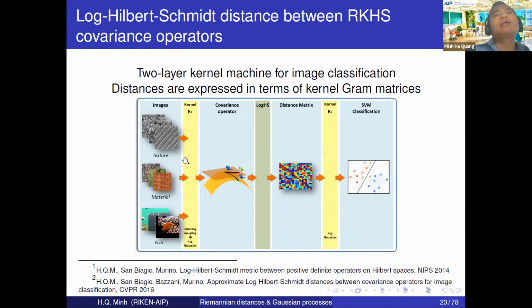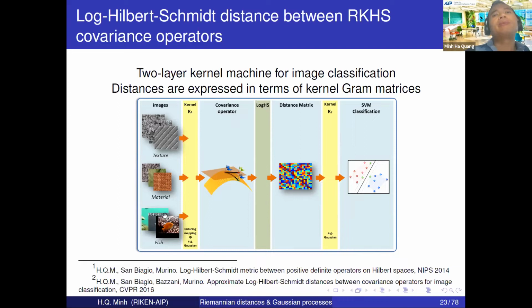Since K1 induces a feature map, we can define a covariance operator using K1. This covariance operator is defined implicitly, of course. Each image is represented by one covariance operator. Then we can compute the log-Euclidean distance between these covariance operators, compute the distance matrix, and apply a kernel K2.